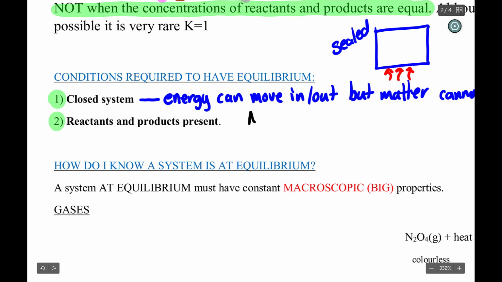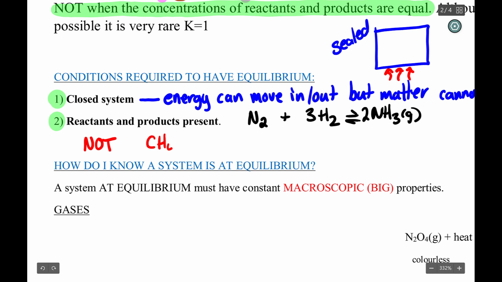So our example of something called the Haber process, which is this one, is in equilibrium. Okay, so this is in equilibrium. But an example of something that would not be in equilibrium, well, if I combusted methane, I don't think the carbon dioxide and water would reform methane.